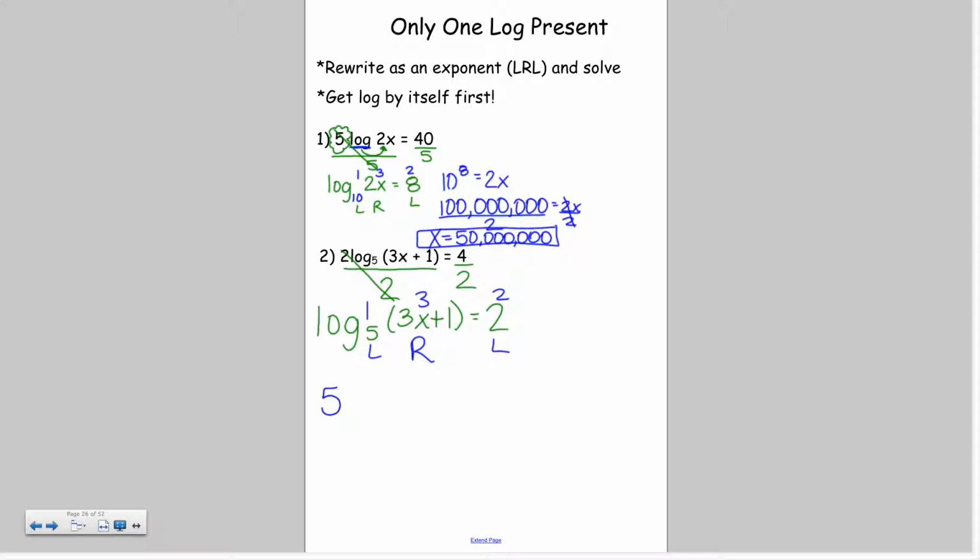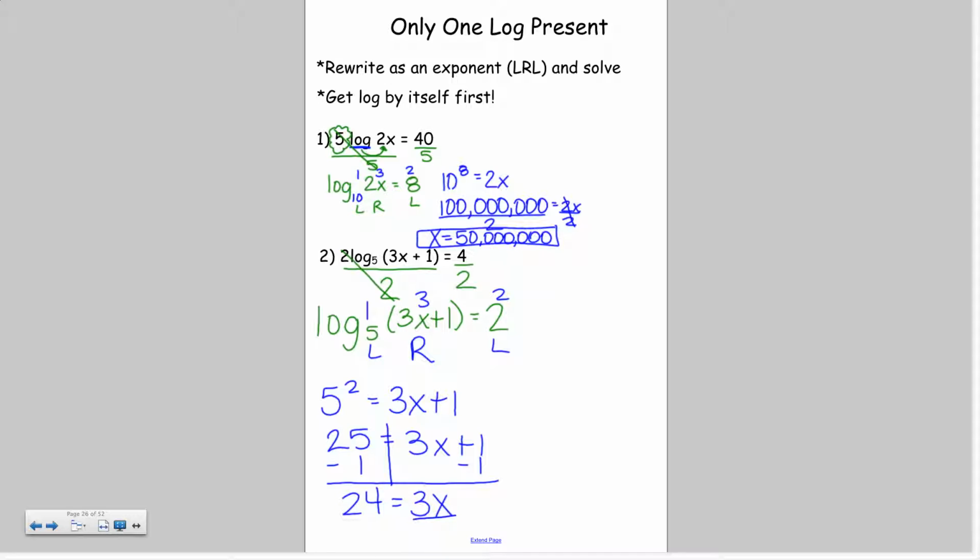So we have 5 squared is equal to 3x plus 1. Now we can go ahead and solve this out. 5 squared is 25. It's equal to 3x plus 1. Now we need to solve out for x. So here we go, combining like terms. So subtract 1 from both sides. 25 minus 1, 24 is equal to 3x.